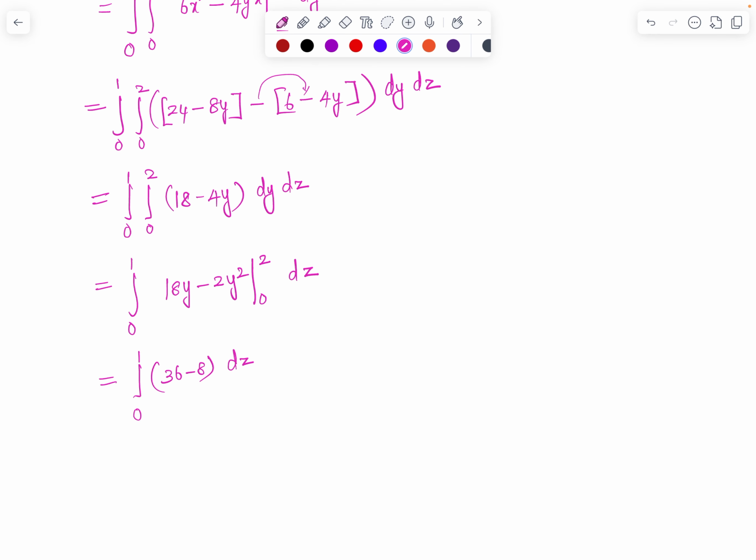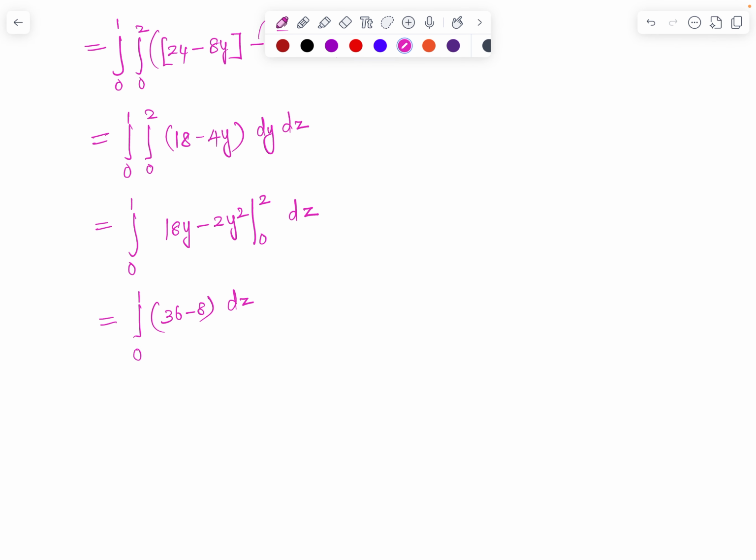So what do you get? You get 28. Okay, so 28. So integral 0 to 1, 28 dz. So 28, it is z within the limit 0 to 1. So it is 28 times 1 minus 0.